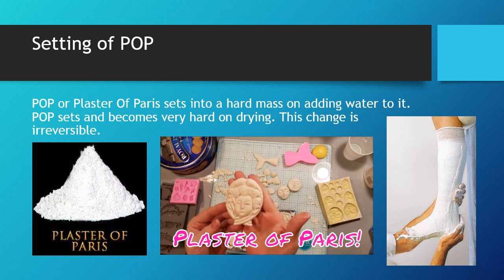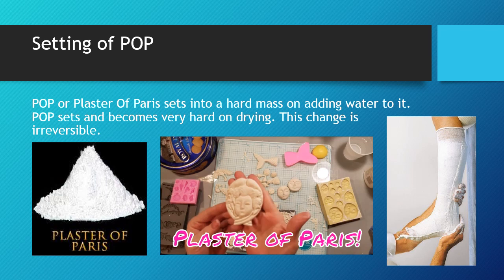When a person has a fracture, doctors apply a thick coat of paste of the plaster of Paris over the bandage on the fractured bone. POP sets and becomes very hard on drying and it keeps the fractured bone in place to get joined properly.